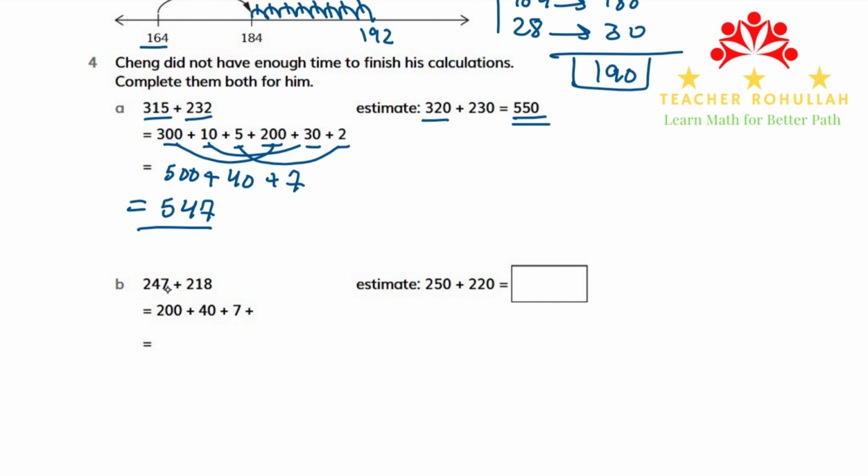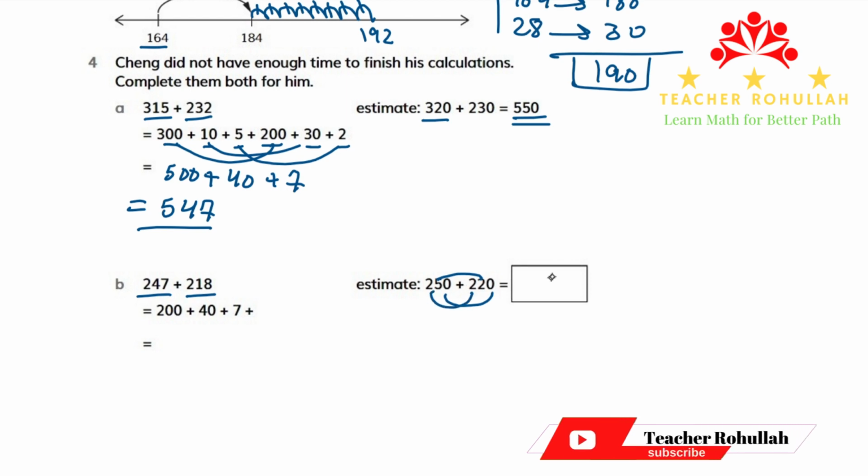In part B of this question, again he has two 3-digit numbers, 247 and 218. He has rounded the two numbers to the nearest 10, but has not found out the total. So to find out the total, we add ones by ones, tens by tens, and hundreds by hundreds.